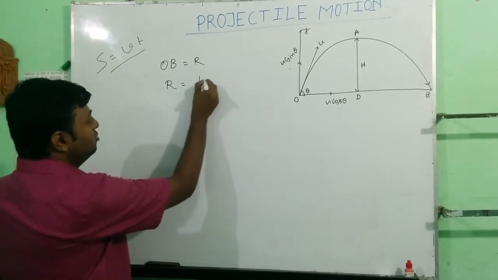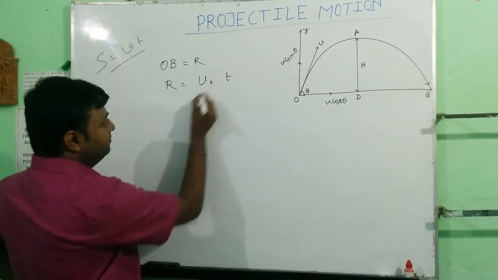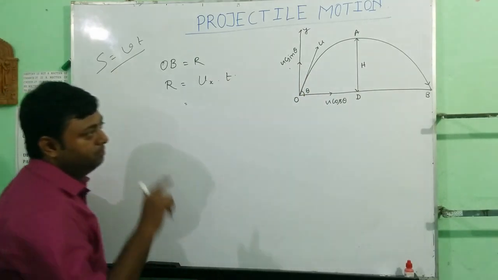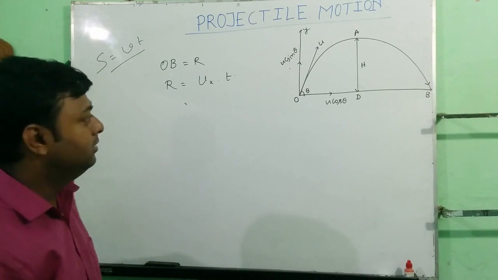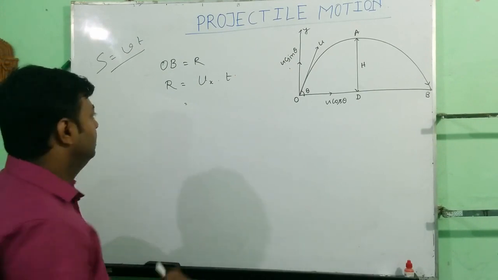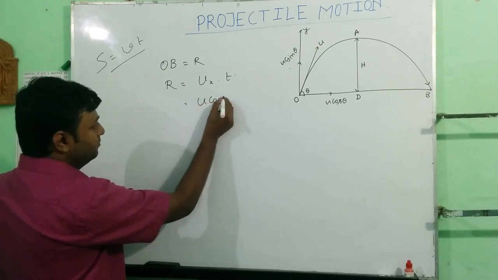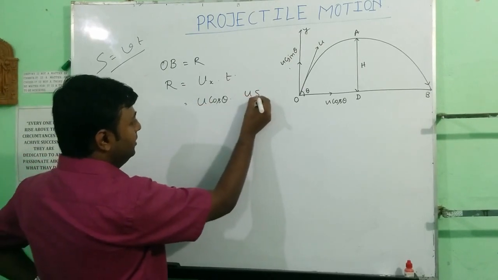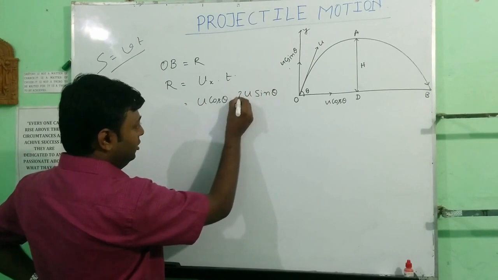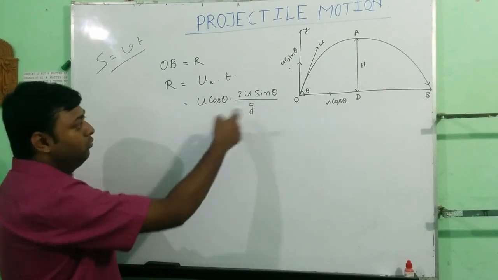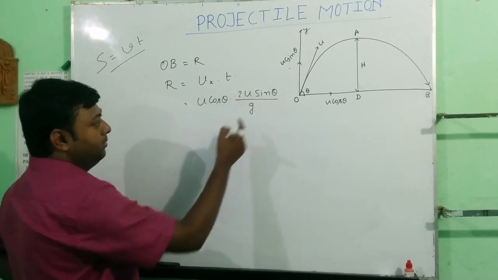That is R equals to ux into t. T is the time taken to reach the point B, that means time of flight. Ux is u cos theta, and t is actually 2u sin theta by g. U sin theta by g is only half time period. Full time period is 2u sin theta by g.